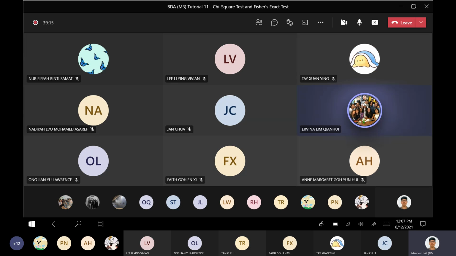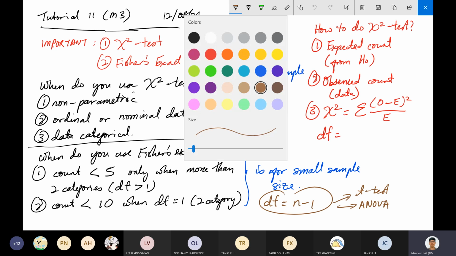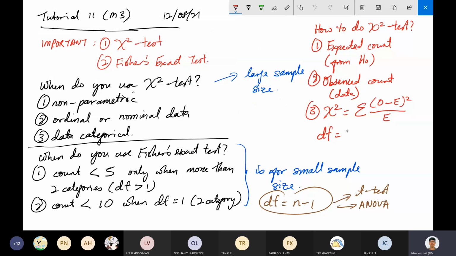Is it the number of category? Number of category minus 1, correct. So this is very important. Don't mix it up. It's actually the number of category minus 1. A lot of students have the tendency to mix it up. So with that, we can actually do question 1.